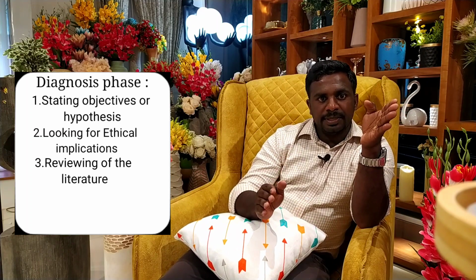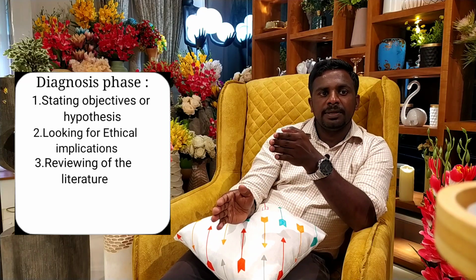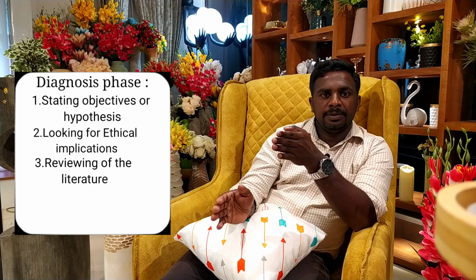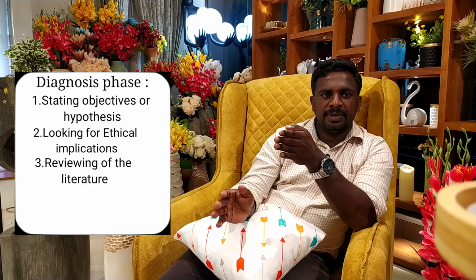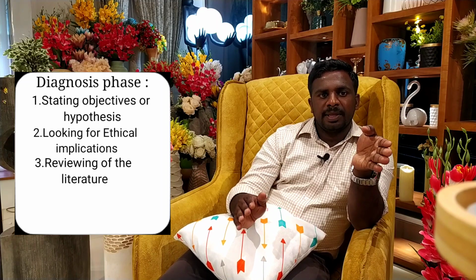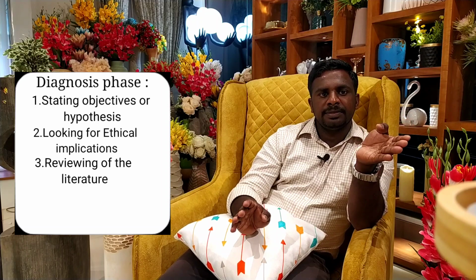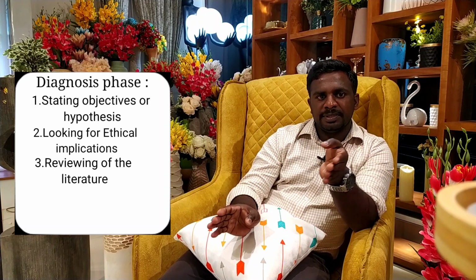With those supportive studies only you can do the research. If there is no supportive study, you can't do the research. For that purpose, review of literature is needed. Before doing the research, refer to some articles or research regarding our study.